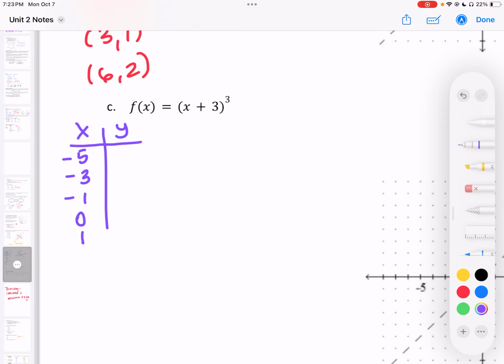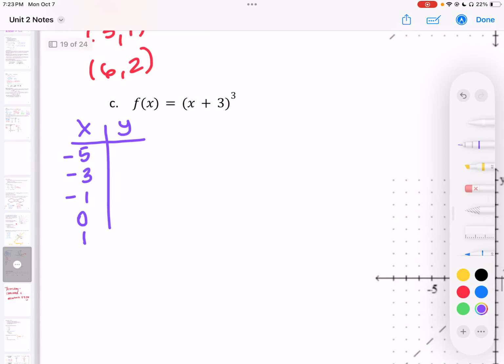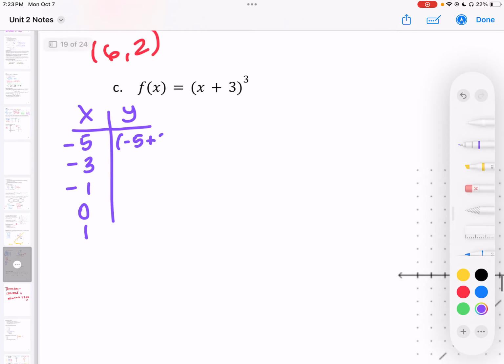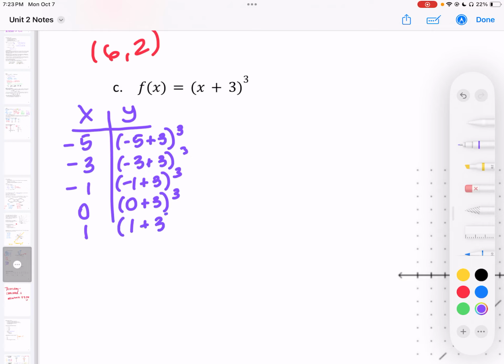But theoretically, I would have tried -1, 0, and 1. So let's do that for all of these. -5 plus 3 cubed, -3 plus 3 cubed, -1 plus 3 cubed, 0 plus 3 cubed, 1 plus 3 cubed. So we're about to see why 0 and 1 aren't exactly going to be convenient for us to graph.